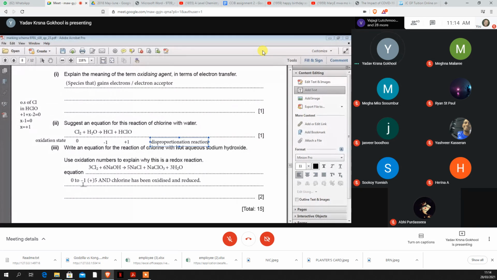So here Cl2, Cl in NaCl. This is easy to calculate. I'm not going to do the calculation. It is -1.